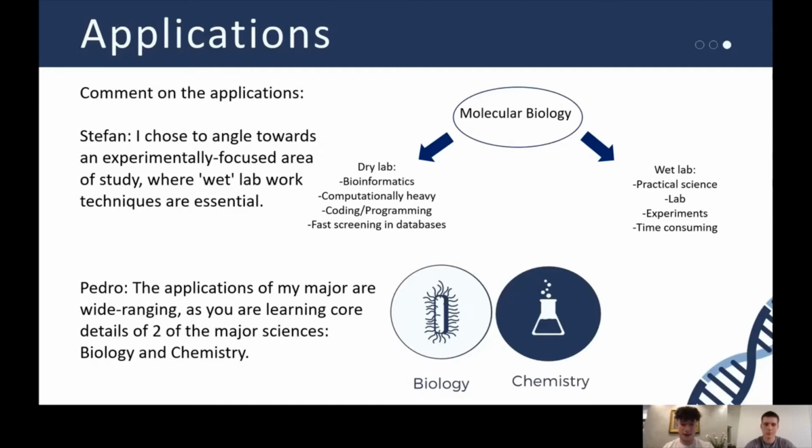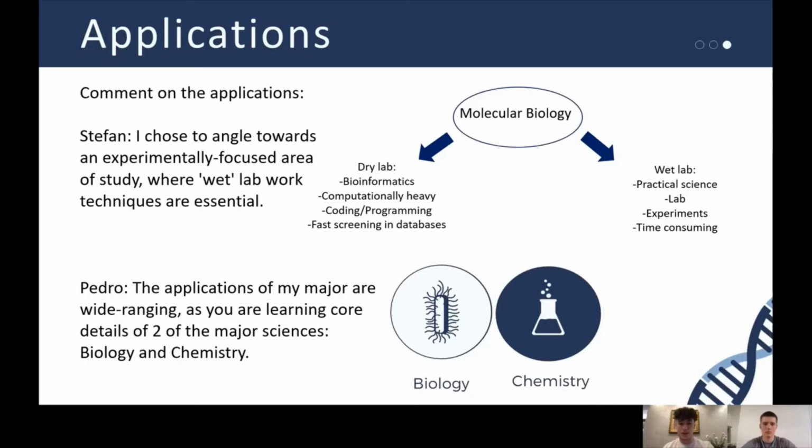My specific area of focus is the wet lab, where I actually work with my hands to do practical science, where you physically have to mix things together to observe reactions and to basically make conclusions based on what you observe. So it's practical science, it's in a lab, you do a lot of experiments, but the one downside is that it's really time consuming and it generates a lot of data. So what do we do with that data?